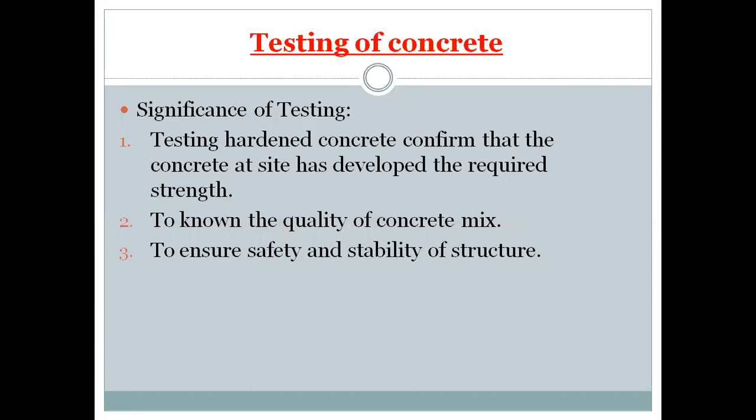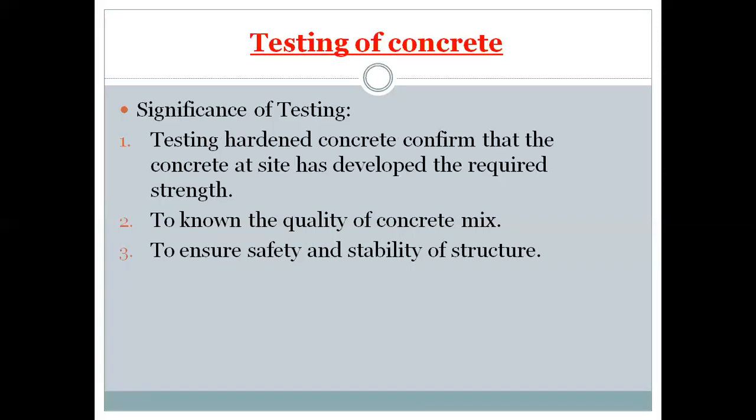After casting, after mix designing, that is deciding the proportion of the ingredients, we have to place the concrete in a formwork or in a required shape.